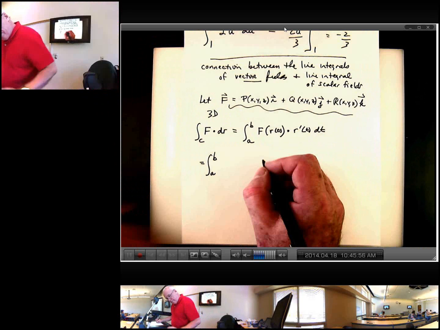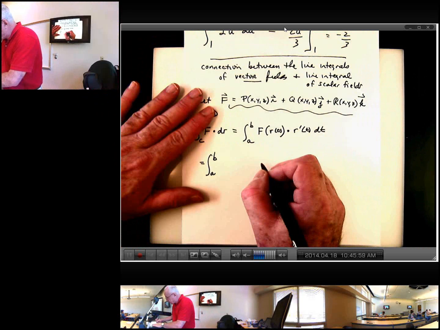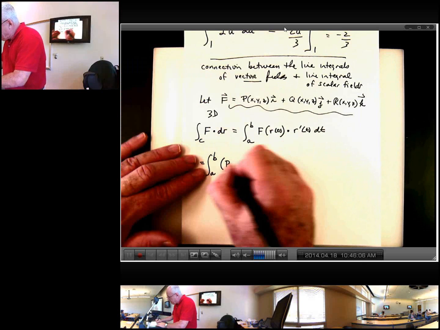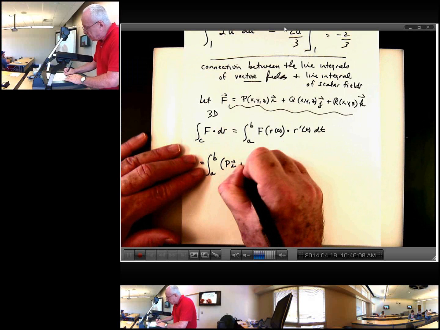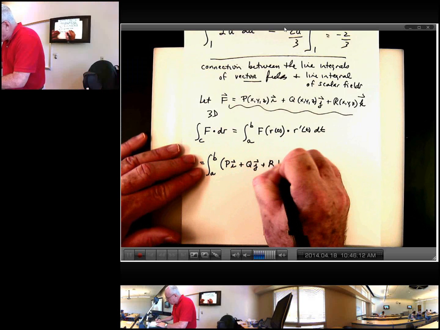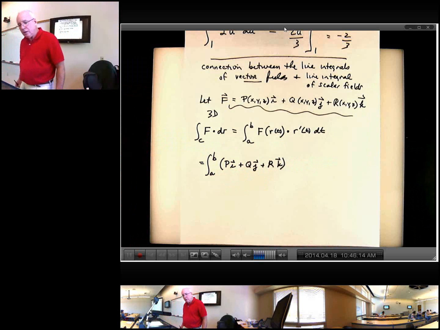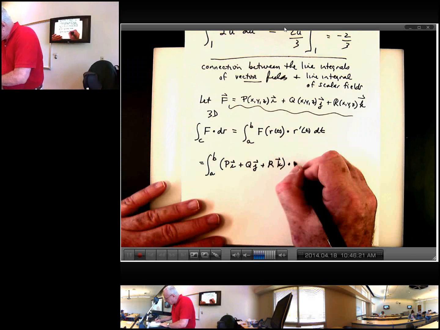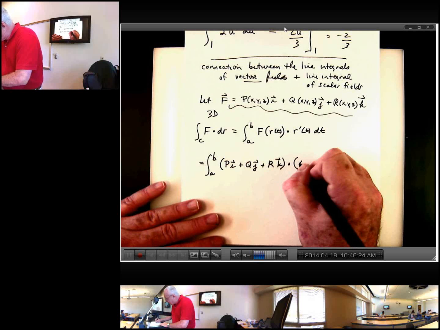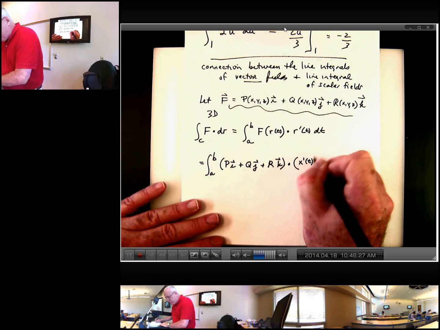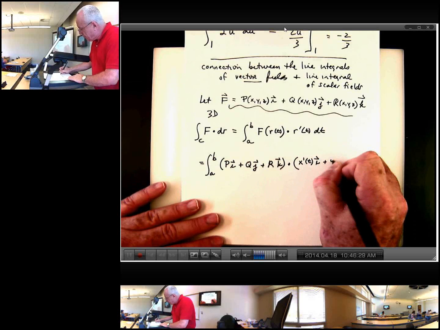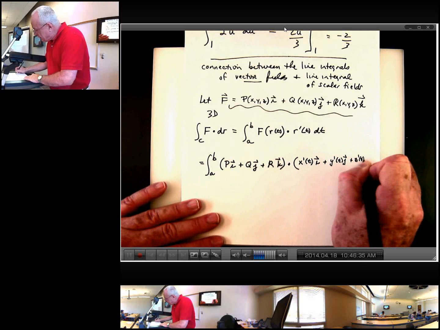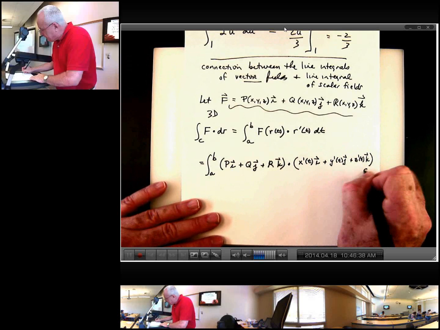So this is equal to the integral from a to b of, first of all, a little shorthand, P times i plus Q times j plus R times the k vector, dot product that with r prime of t, which is the parameterization, x prime of t times the i vector plus y prime of t times the j plus z prime of t times the k vector, and that's dt.